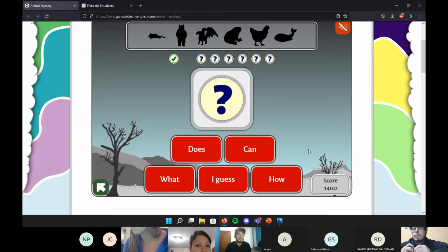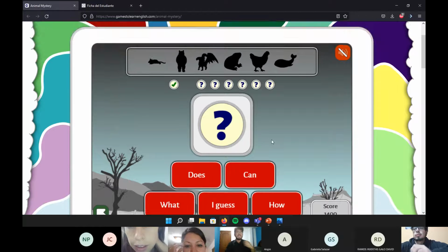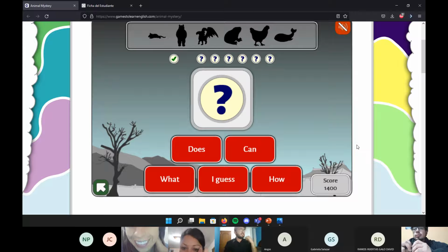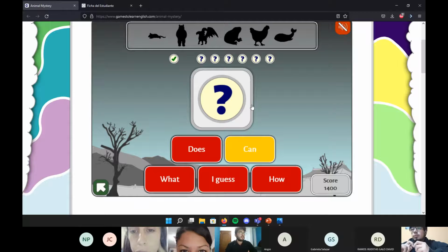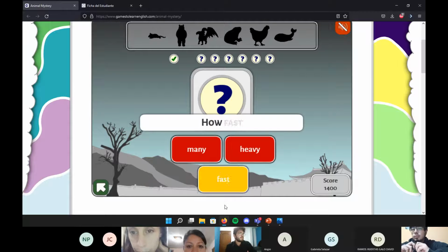Any volunteer to guess this animal? Can I do it? You need to ask the question first. You choose any of these buttons here, and after that we choose how.